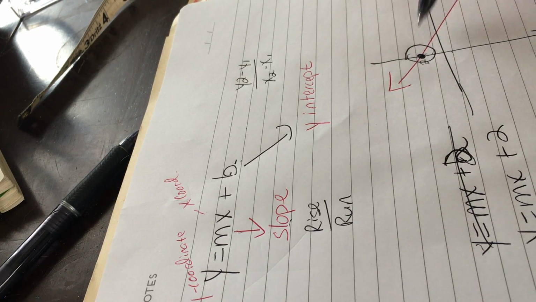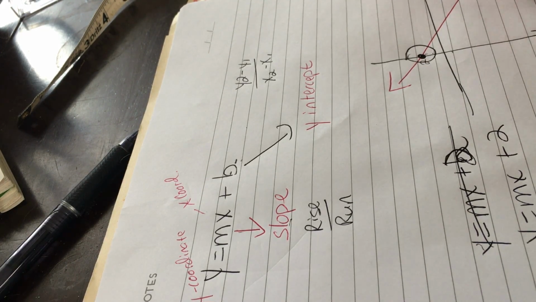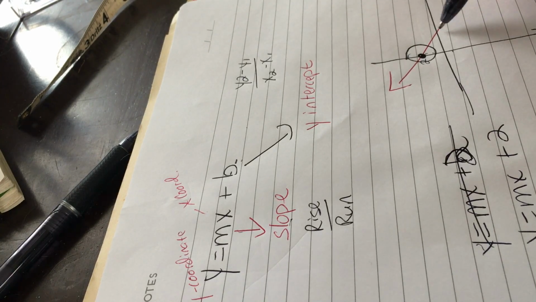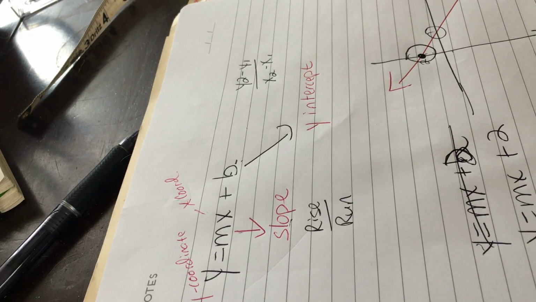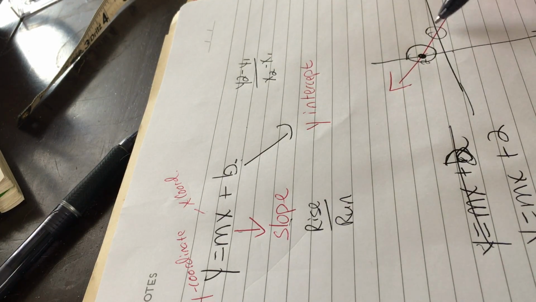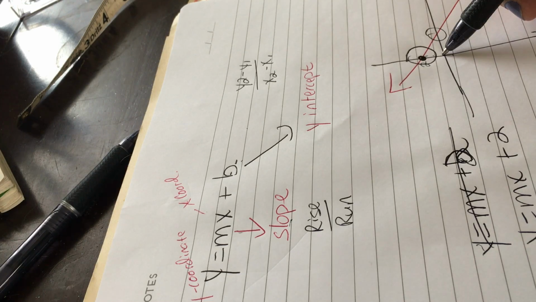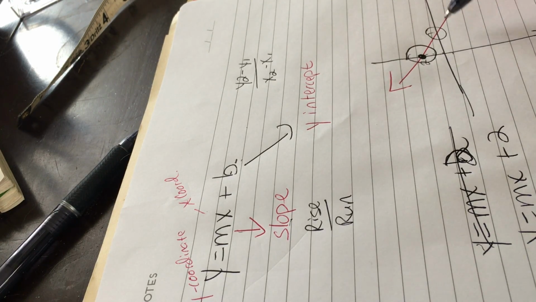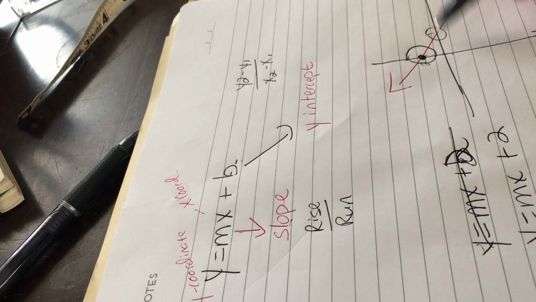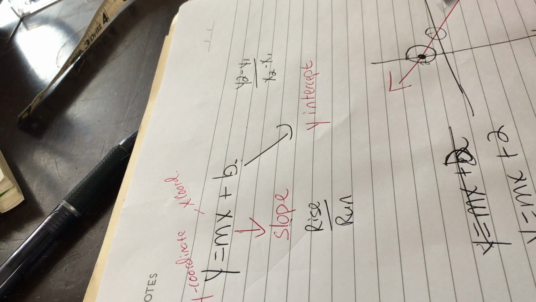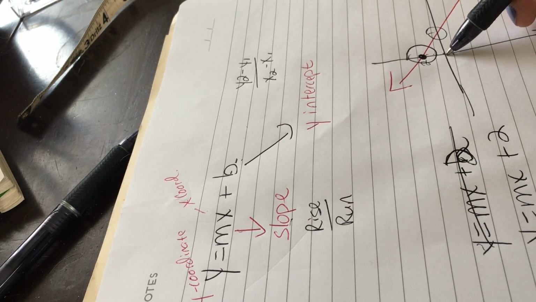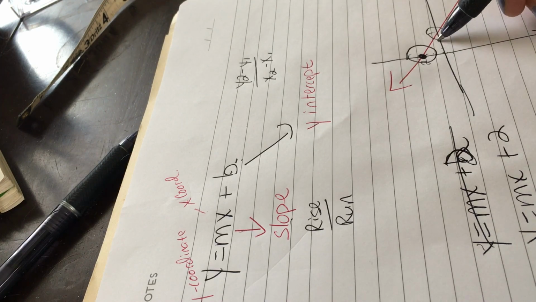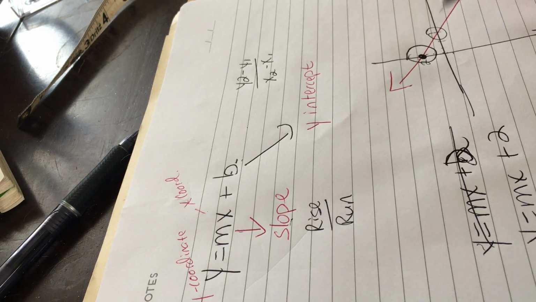Now, if I find two points on this line, which I very easily could, I could find my slope. Watch this. Here is my one point, here's my other point, so I'm just going to find the coordinates. Let's say 1, 2, 3.